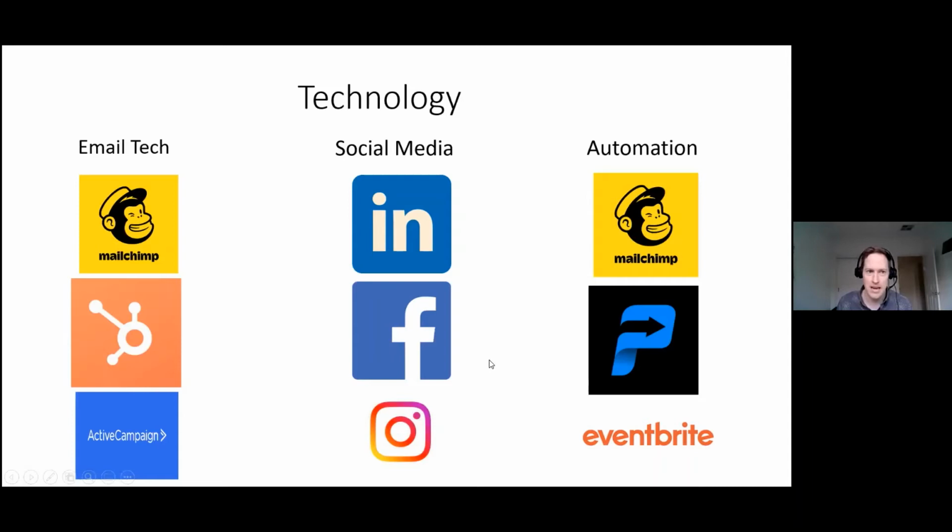The first one is Mailchimp. It's probably the simplest and easiest to use from a user experience point of view. If you've never done any kind of lead nurture or communication, have a look at Mailchimp. It's pretty cost effective and easy to use. The next one, further down, that orange one, is HubSpot.